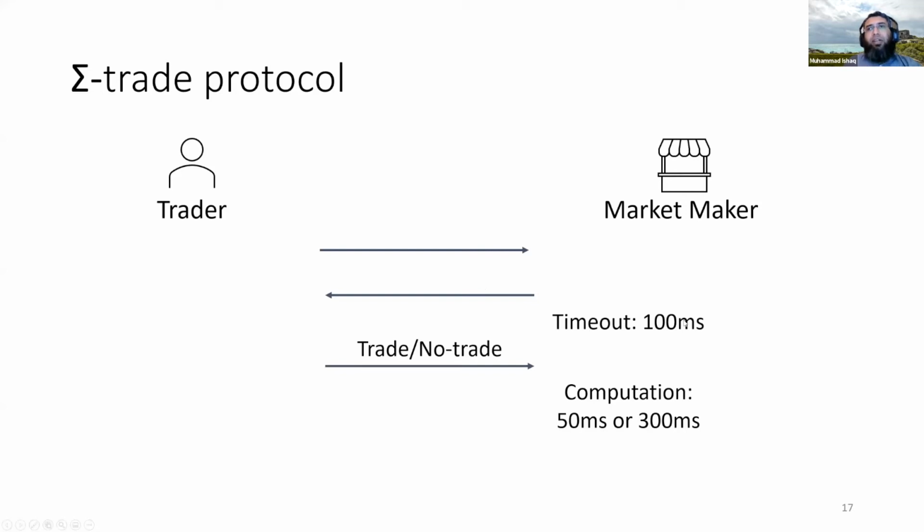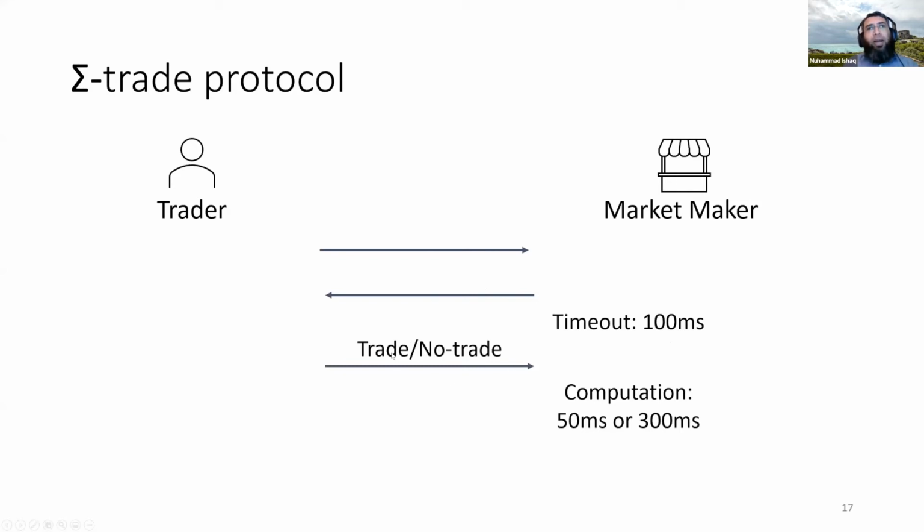This is the typical round trip time of the network. But this is variable. This can be set to some other parameter, right? The point is that the market maker will not wait indefinitely for round 3. After the timeout expires, the market maker would assume that the trader does not want to trade and move on.